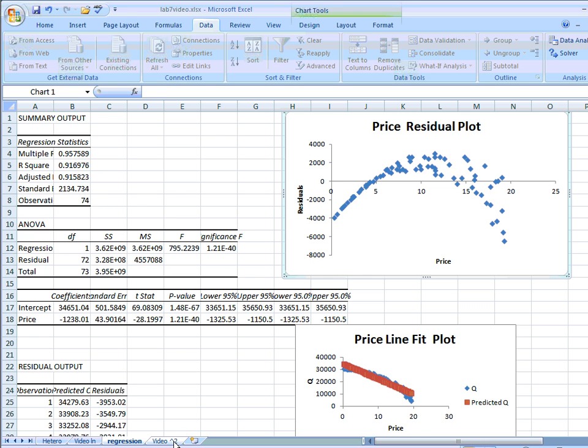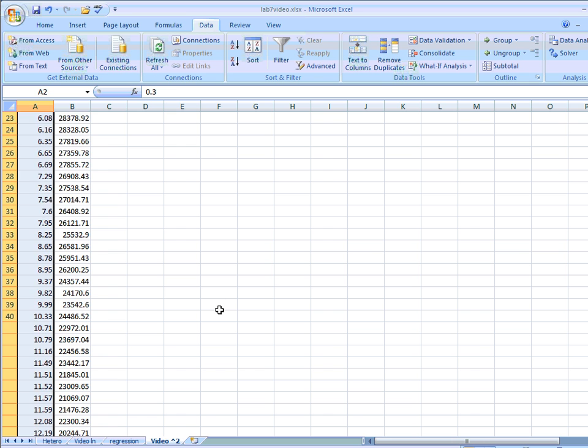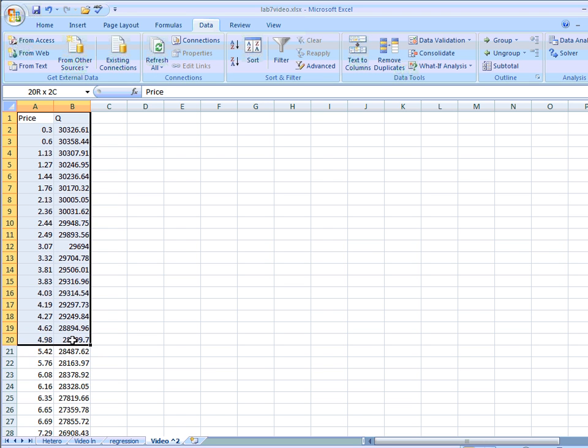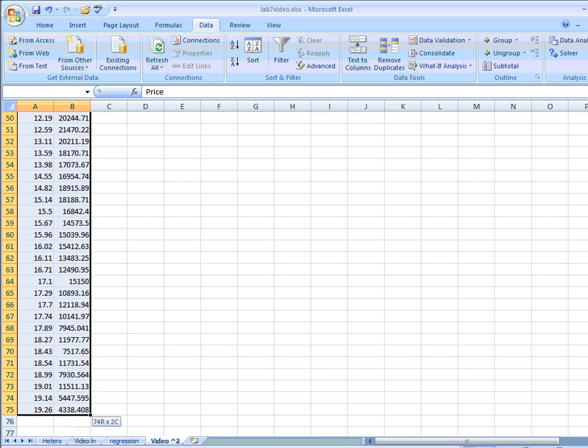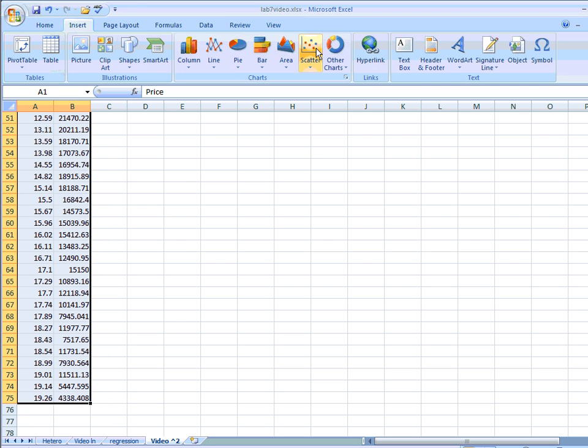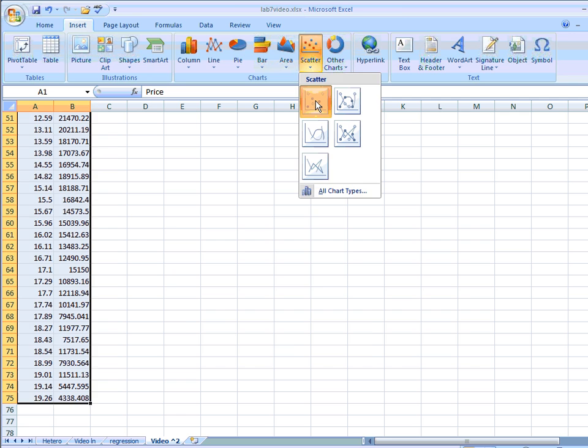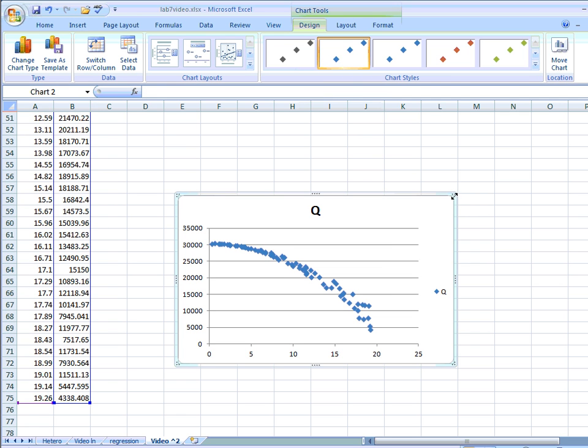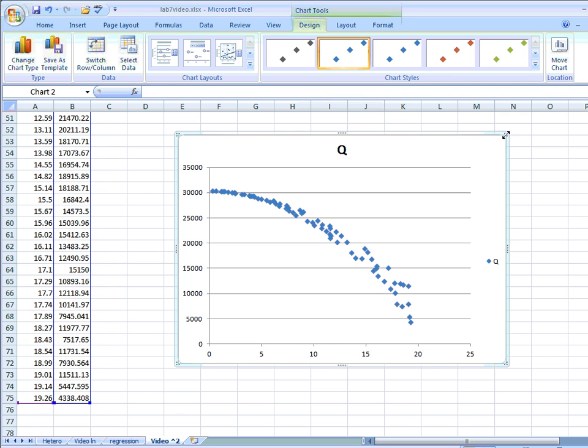So let's look at the data. Again, let's do a scatter plot. Insert, scatter. And generally you want to make the graphs bigger than they originally were.